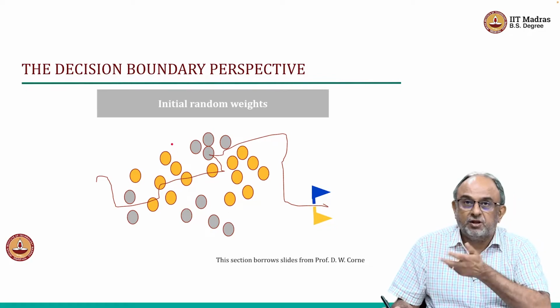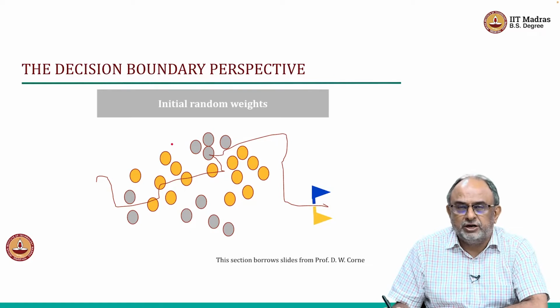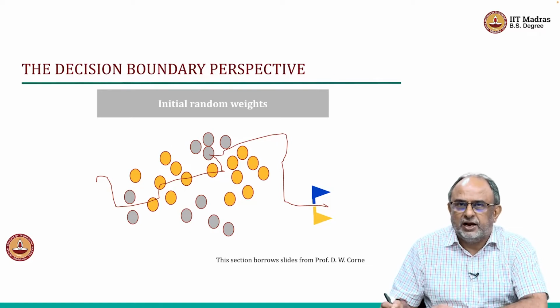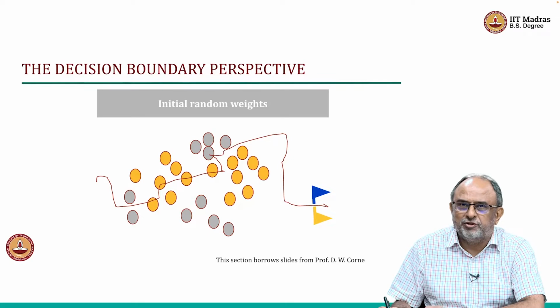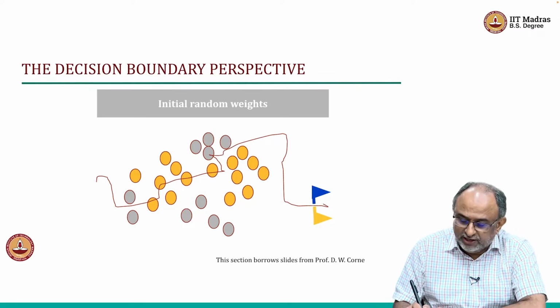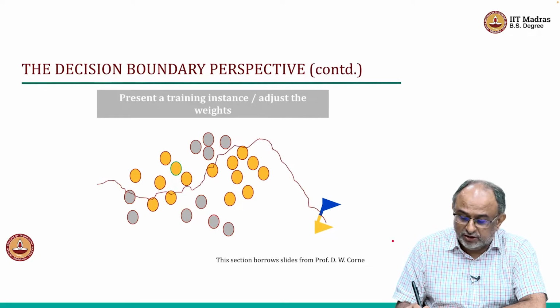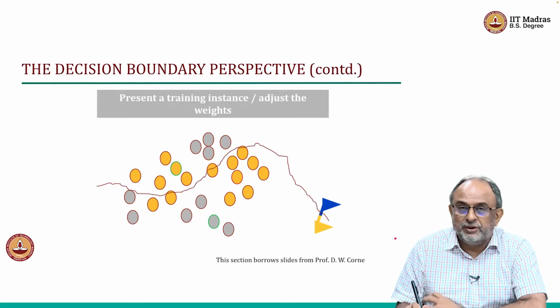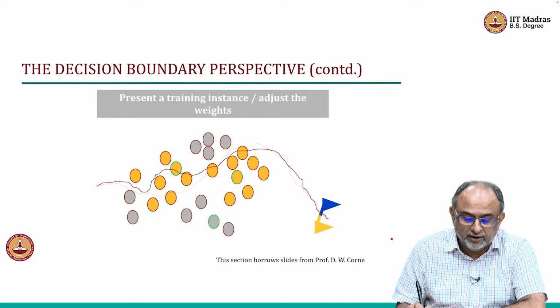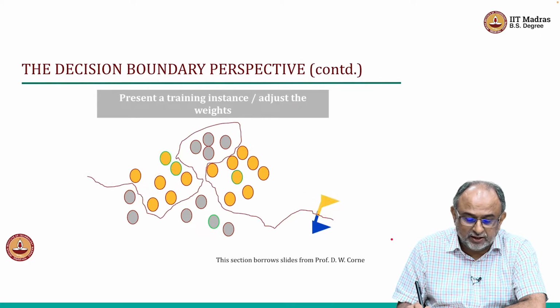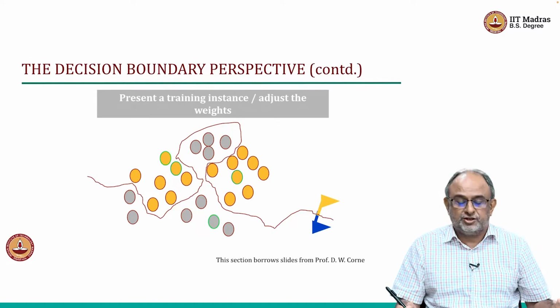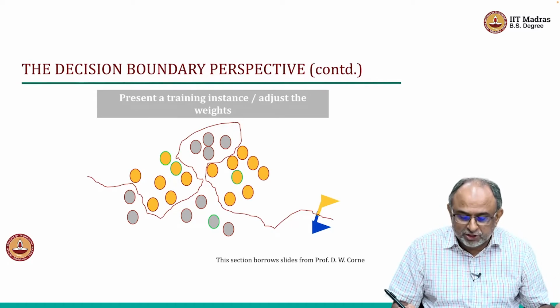But if you have done the neural network training properly, and it has not got stuck at some really bad local minima, you will find that the neural networks do progress, and you can have very good separation. It means the decision boundary can be complicated, and you see it slowly trying to get the two classes separated, and then it will come to a decision boundary like this, which is beautiful, right.